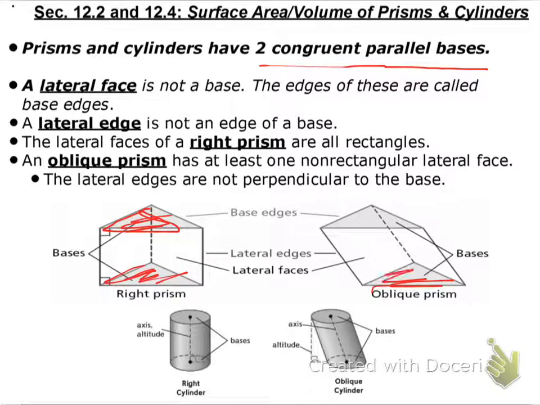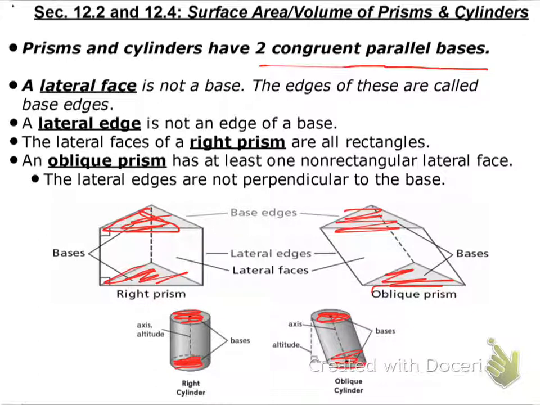This is called an oblique prism over here, but again it has those two parallel bases. These cylinders, this is your right cylinder, that's what we're going to be dealing with most of the time, has two parallel bases, and even this oblique cylinder over here also is going to have those two congruent parallel bases.